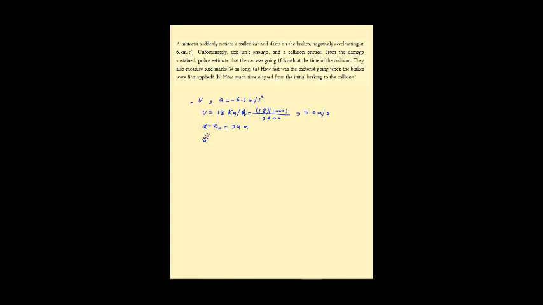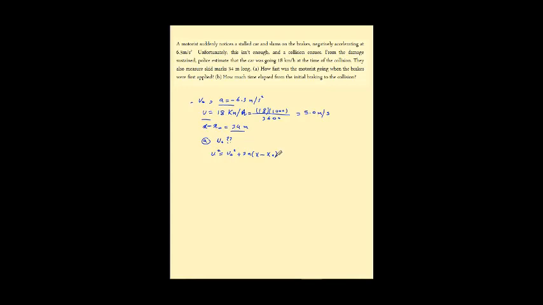Part a, how fast was the motorist going when the brakes were first applied? The simplest way to find v0: we have a and we have v and we have x. To find v0, we simply use this relation, v squared equals v0 squared plus 2a times x minus x0.